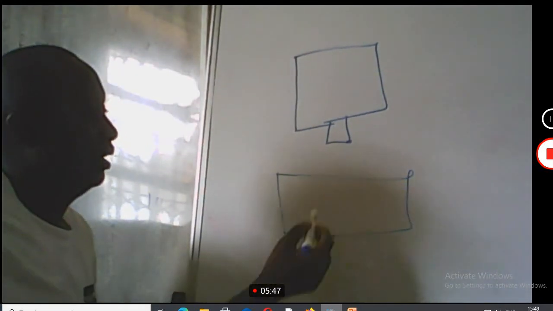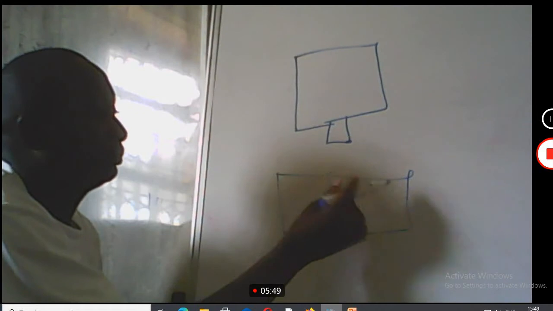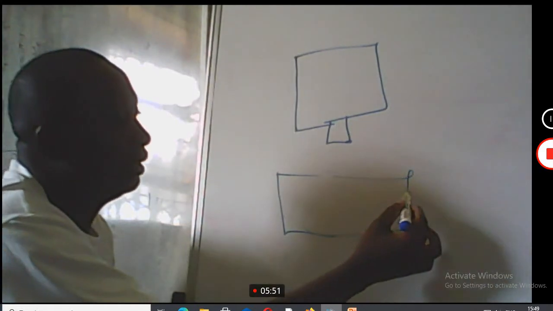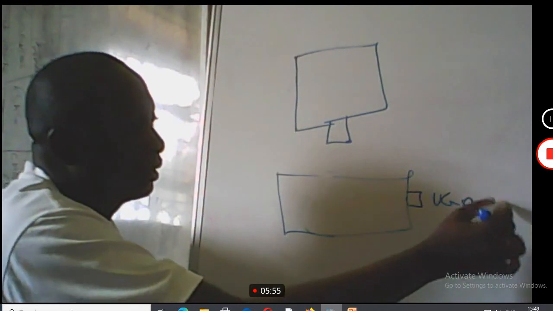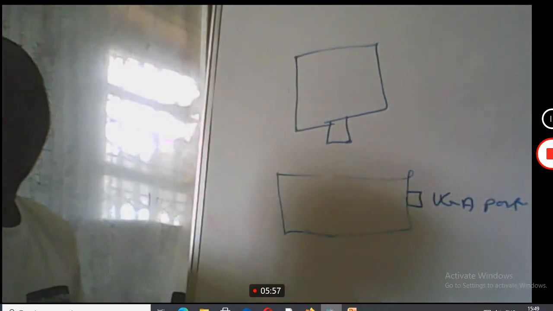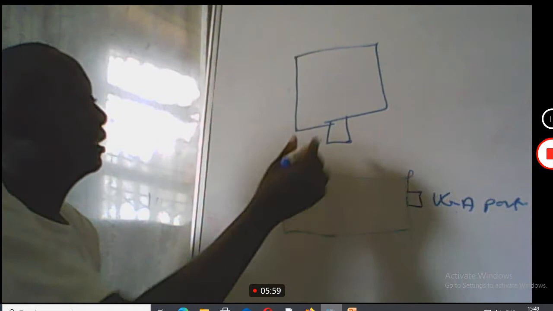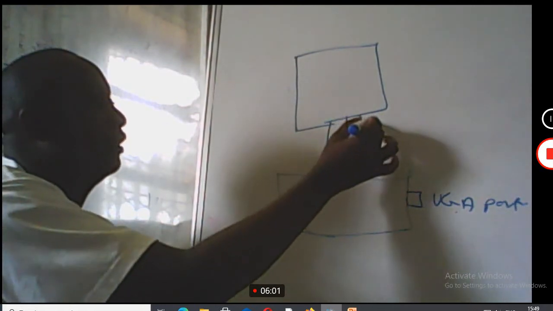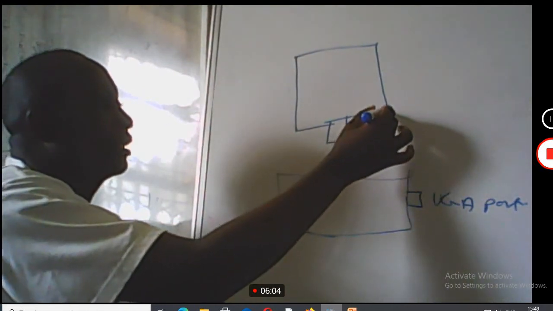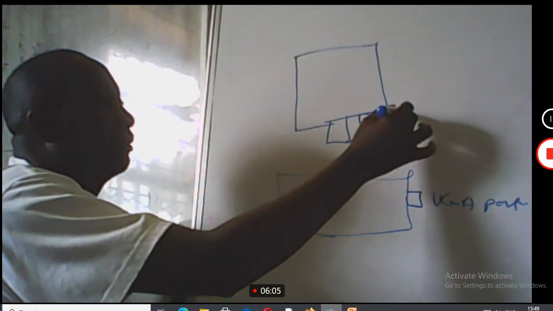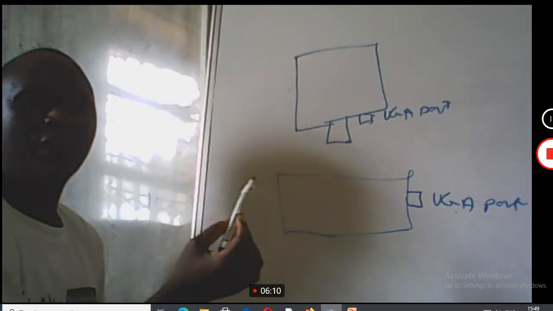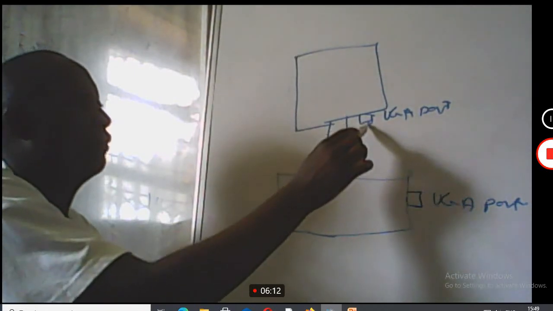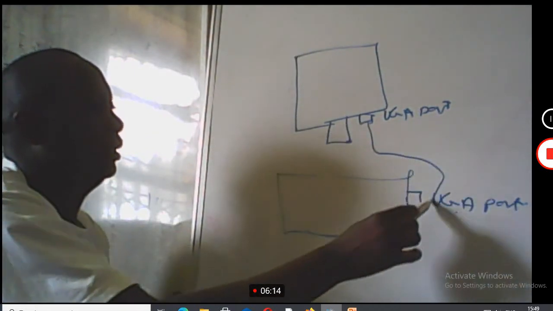Then I'll have maybe a VGA port here, and on the monitor you'll also have a VGA port as well. Now I'll get a VGA cable and connect it to run from here to this.